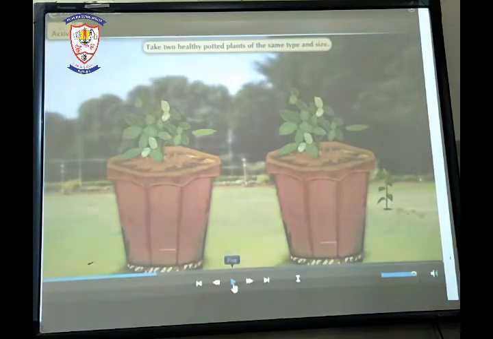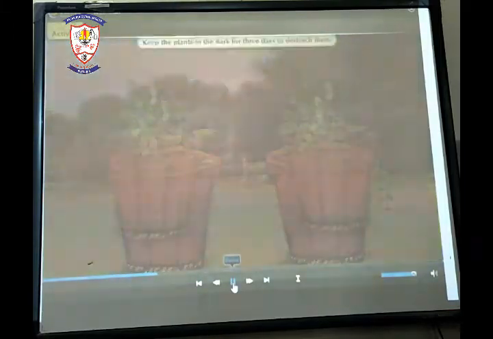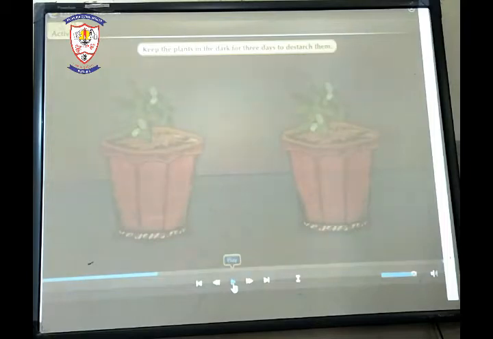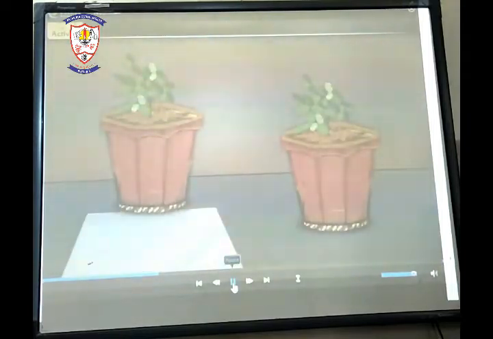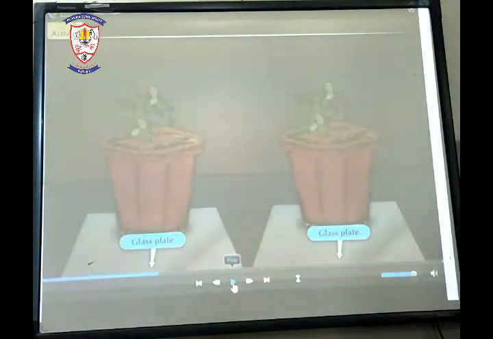First we have to take two healthy potted plants of the same type and size, and then keep the plants in the dark area for 3 days to de-starch them. Then place each plant on a separate glass plate.